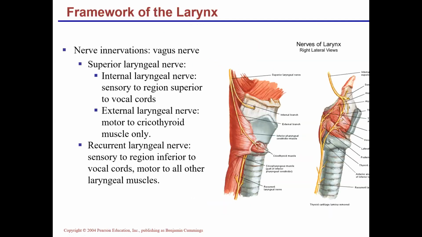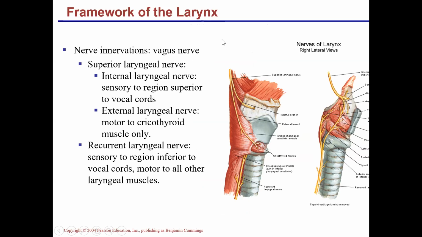All right, so these muscles, of course, are controlled by nerves. The nerves controlling this are the branches from the vagus nerve. Okay, let's do this. You need to pay attention to this one.